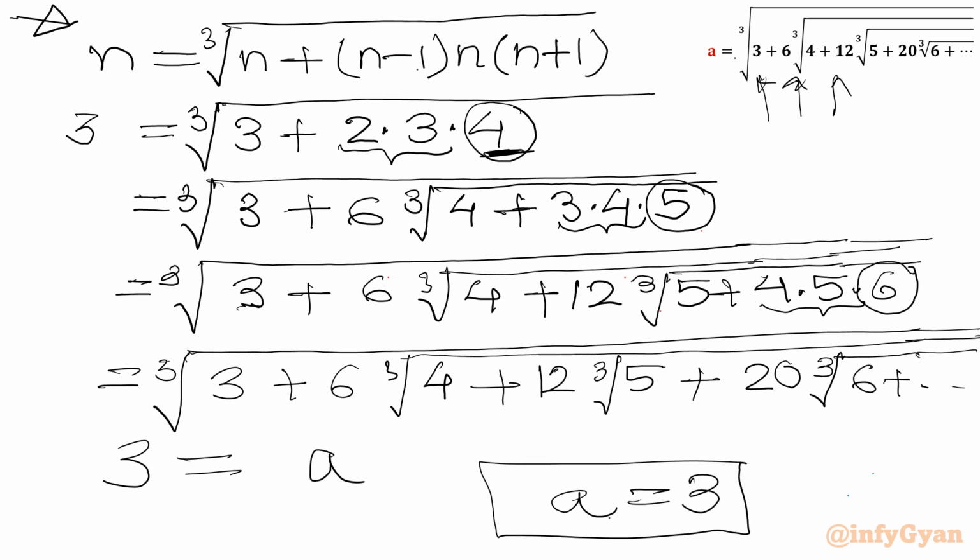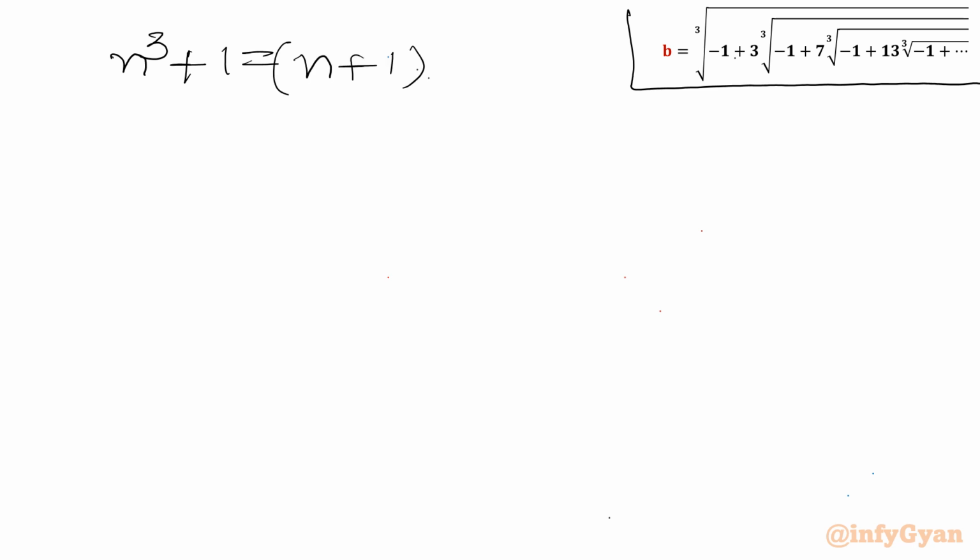Now the turn of finding b also. And b is here. First I will derive that formula. So I need to write one algebraic identity, the n cube plus 1 formula, the a cube plus b cube formula: n plus 1 in one bracket, n square minus n plus 1 in the other.